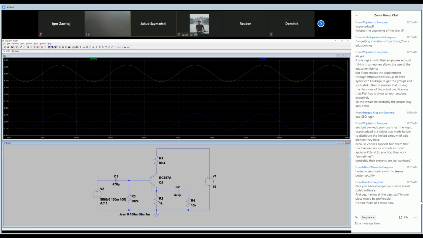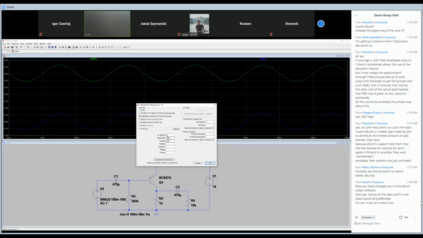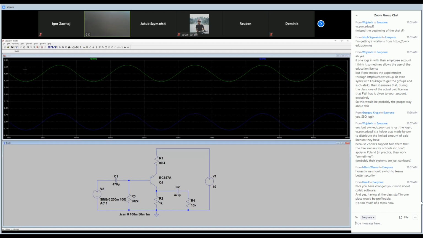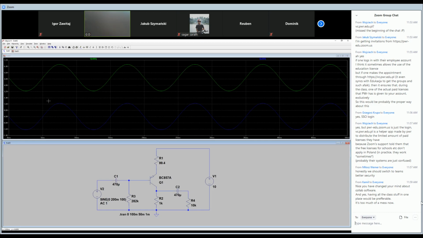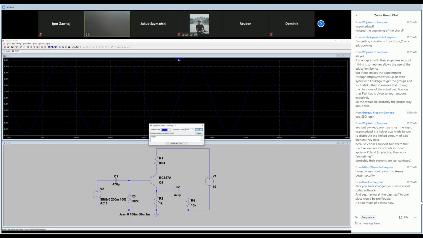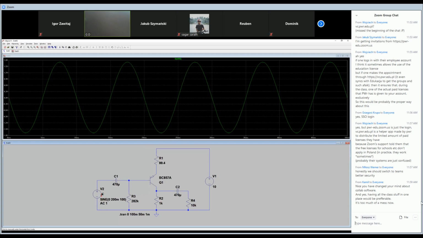Okay, great. So let's increase the input signal amplitude to 200 millivolts. As you see, we are observing that the output signal is increasing. Okay, and so on.